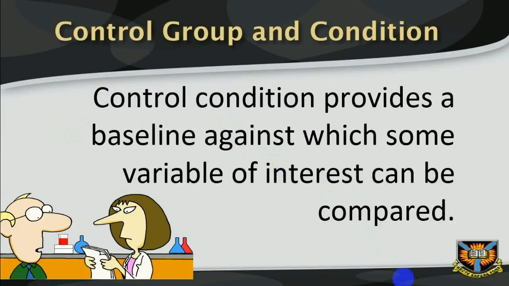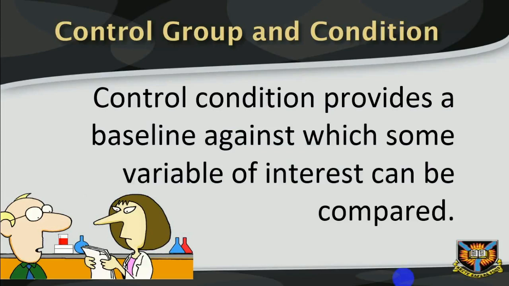Then both groups will be tested on the material. Any obtained differences on the test between the two groups would be attributed to the effect of noise. The important characteristic of a control condition is that it provides a baseline against which some variable of interest can be compared.